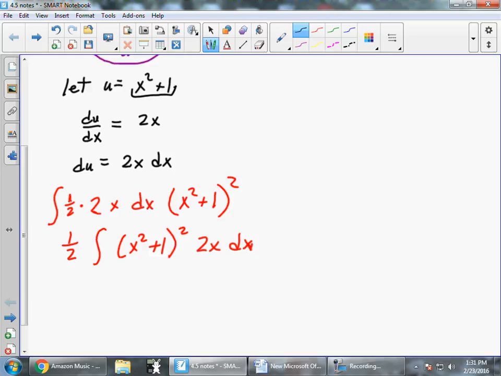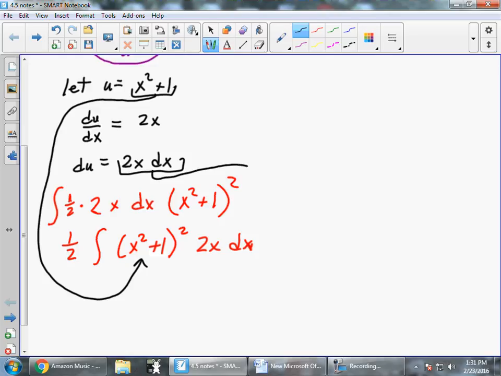Right here, that's u. I have that right here. Yeah, that's u squared. And right here, I have 2x dx. Right. So now I can say that this is 1/2 times the integral of u squared du.